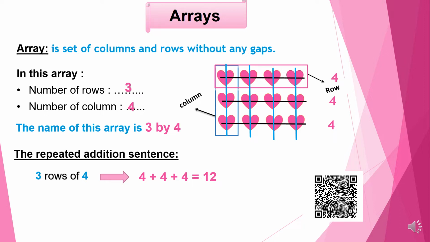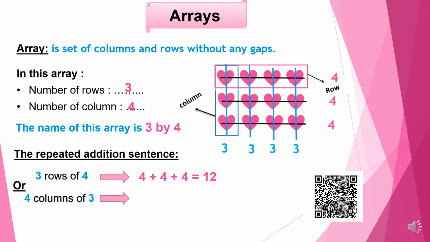We can write the repeated addition sentence in a different way if we count columns. How many columns do we have here? 4 columns. Each column contains what? Contains 3 hearts. 3 here and 3 here and 3 here and 3 here.